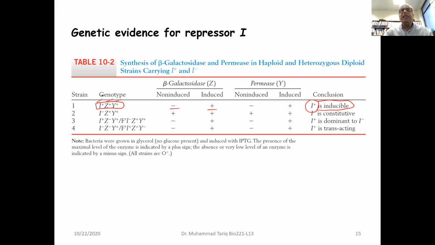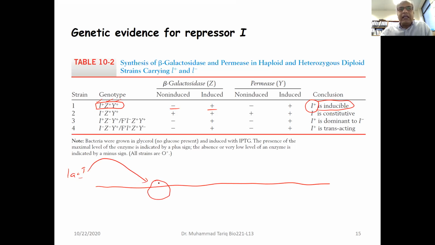Clear? So normally what happens, let's say this is the lac operon, and lac I is binding, and now it represses, so Z and Y are off in wild type.